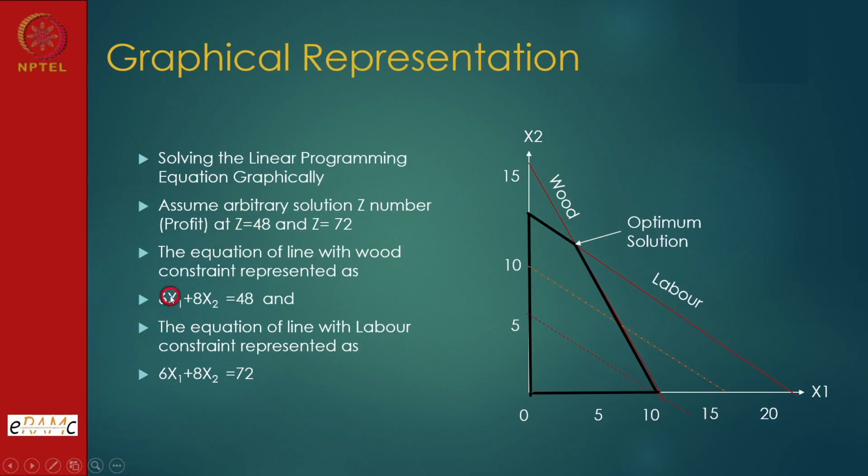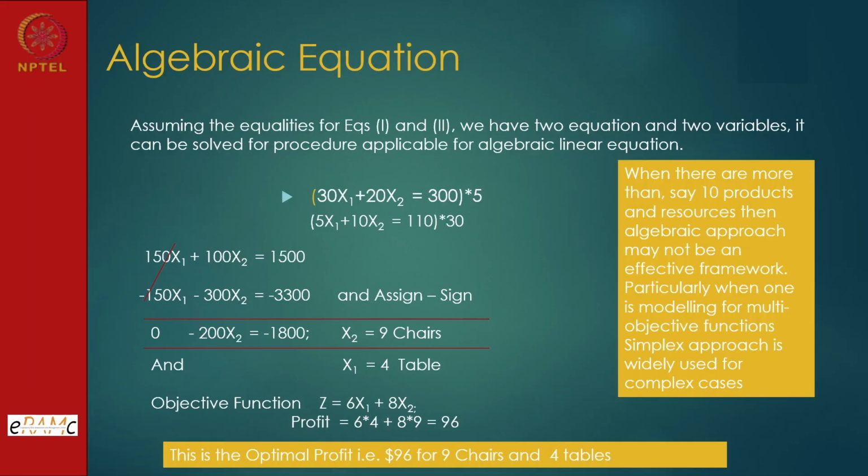The equations are 6x1 plus 8x2 equal to 48, and the second is 6x1 plus 8x2 equal to 72. These are profit lines of the objective function. If we move like this, that is the graph we have drawn, and we found the optimum point.